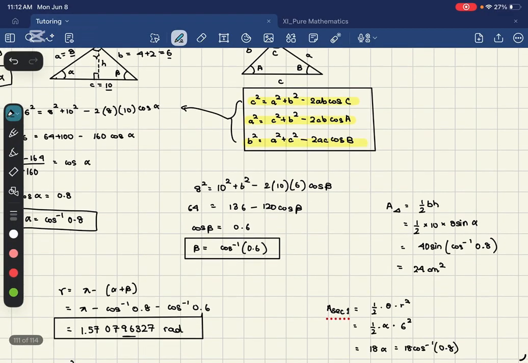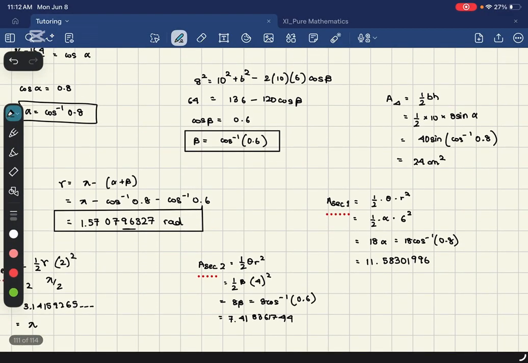So what we are going to do is the area of the triangle, which is 24, minus the area of sector 1, so 11.58, you plug everything in, minus sector 2, which is 7.4183, minus sector 3, which is just pi, right?